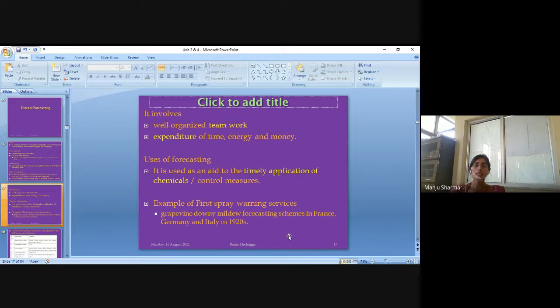Secondly, there is the example of first spray warning services, like the grapevine downy mildew forecasting scheme in France, Germany and Italy in 1920.